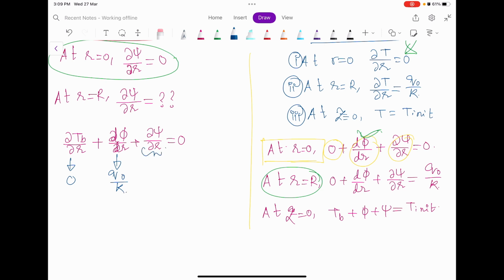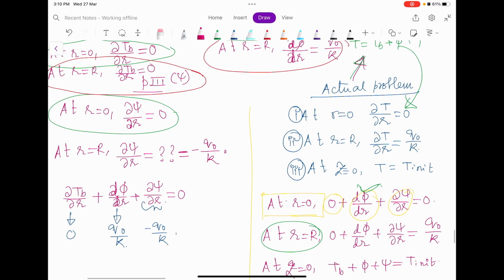So then this must be minus q naught by k, and that is how you get the second boundary condition for psi.